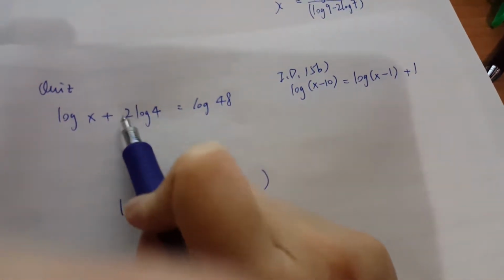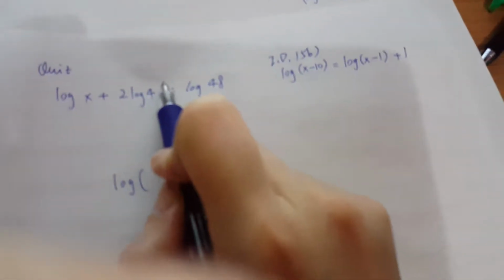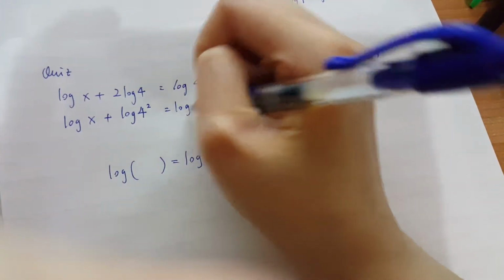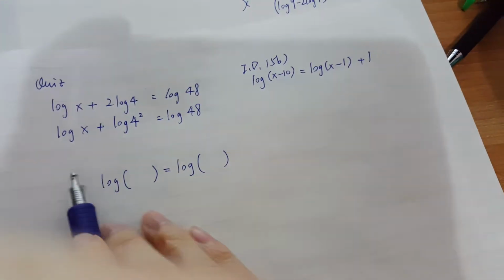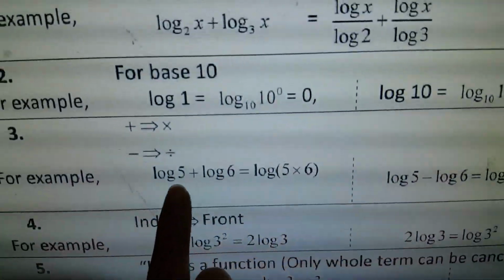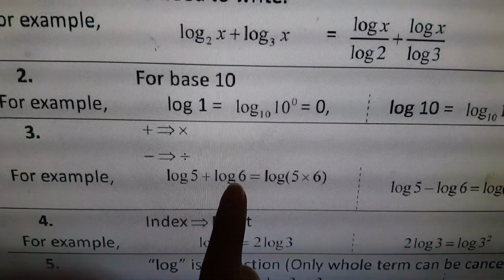But here you have the 2. Okay, so you have to move the 2 back to the index. Okay, you move it back to the index. And then now it's log something plus log something. Okay? Log something plus log something.